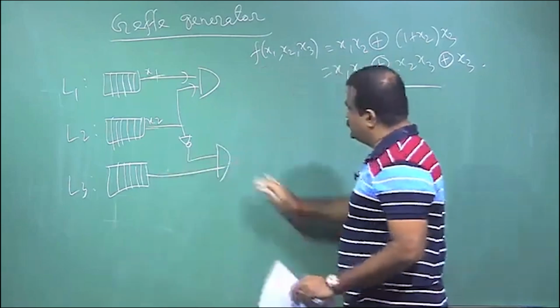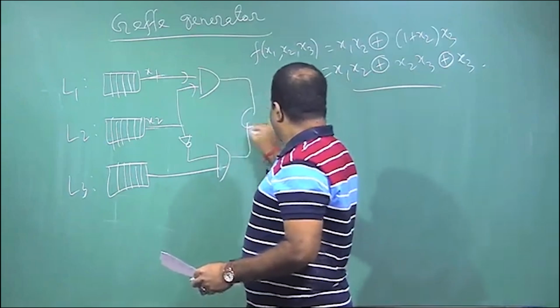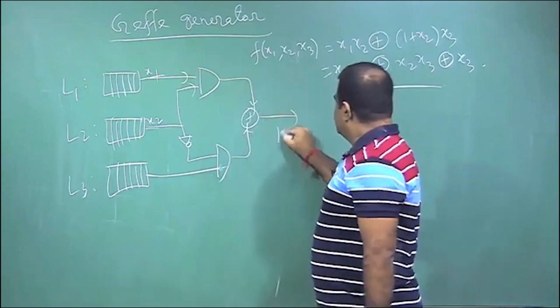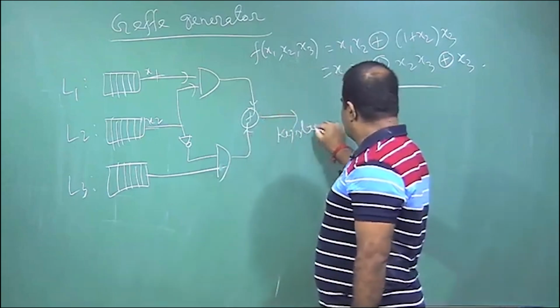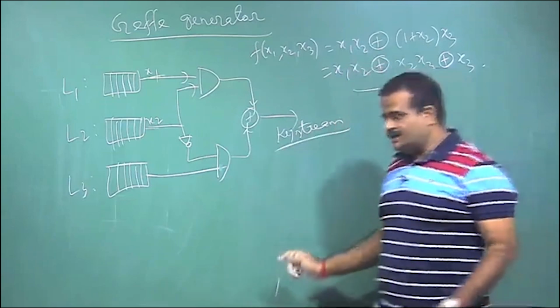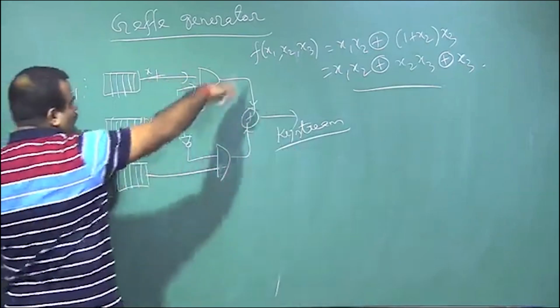These two we are bitwise XORing, and it gives us the key stream. This key stream is a nonlinear key stream, because we are using a nonlinear function f like this.